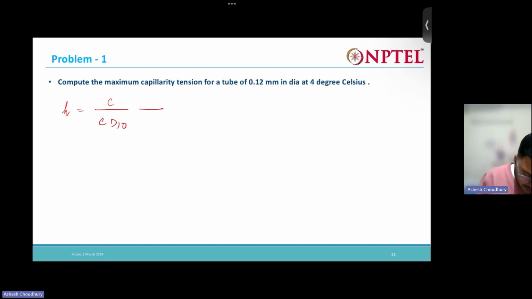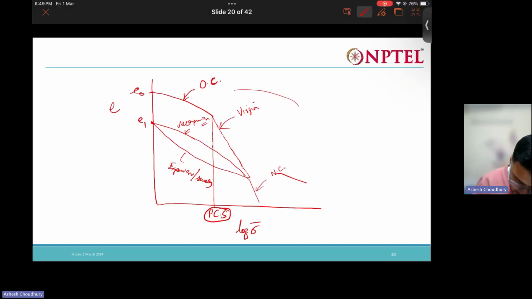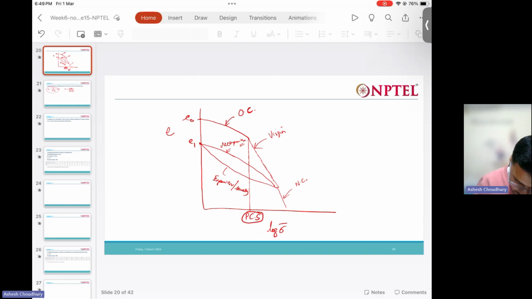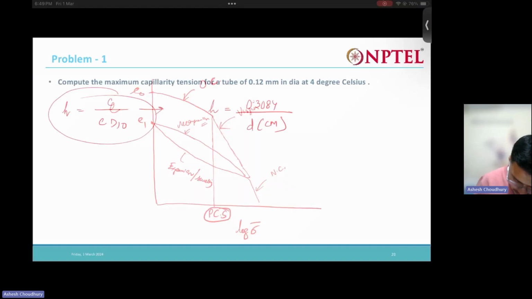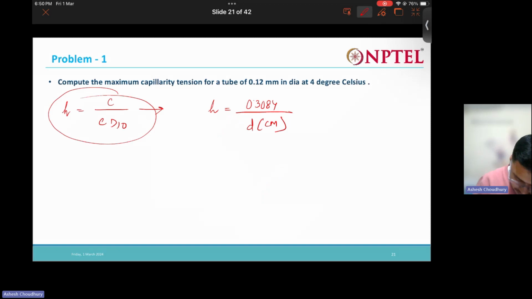So this value of C by E at 4 degrees is actually given for water as 3084 by D in centimeter. So this is in terms of soil, right? And this is in terms of any tube. Okay, so what is the D?